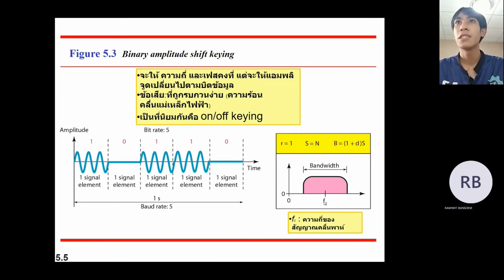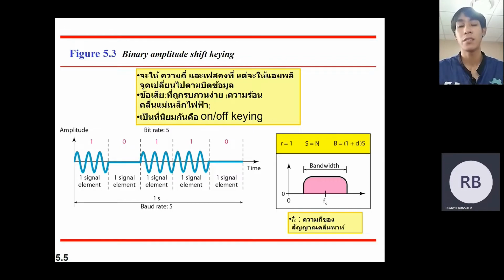Binary amplitude shift keying. In binary amplitude shift keying, frequency and phase are not changed, but amplitude is changed according to the bit information. Amplitude shift keying is common, and it is not resistant to noise.